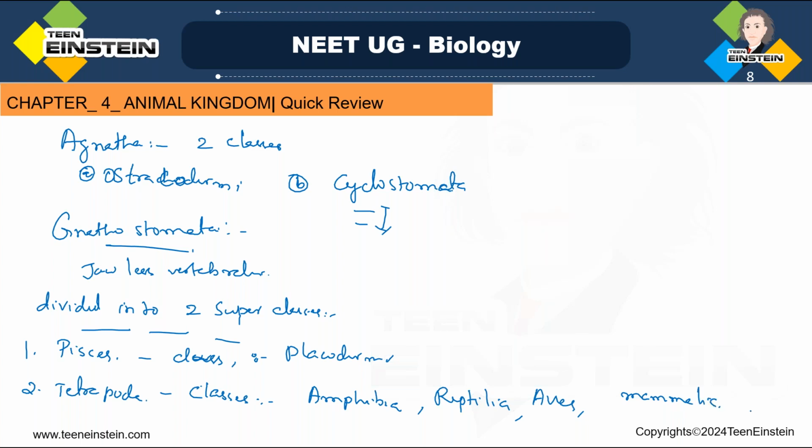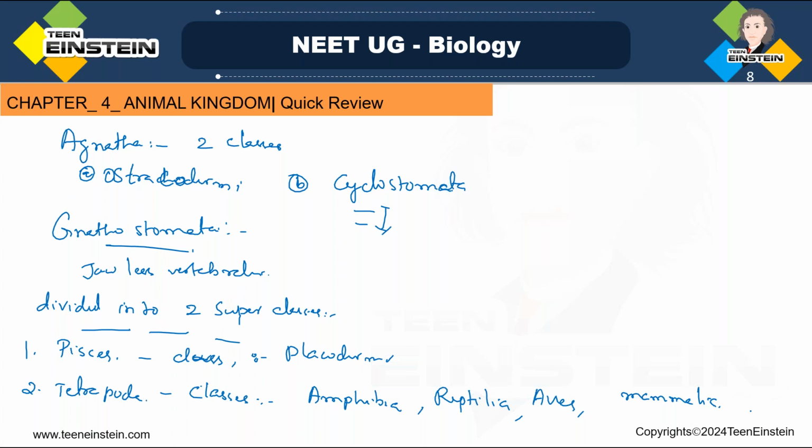In Amphibia, you know, they can live both in aquatic and terrestrial conditions, and they have eyelids and tympanum, which represents the ear. So you can imagine the features of an amphibian, which is quite normal. Examples: frog, toad, salamander.